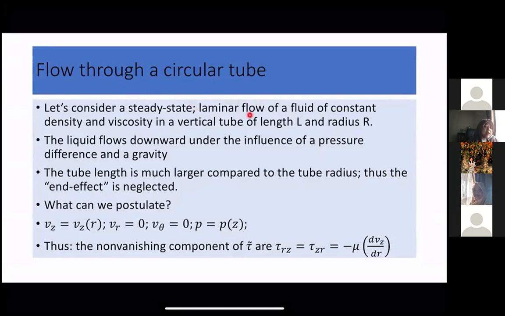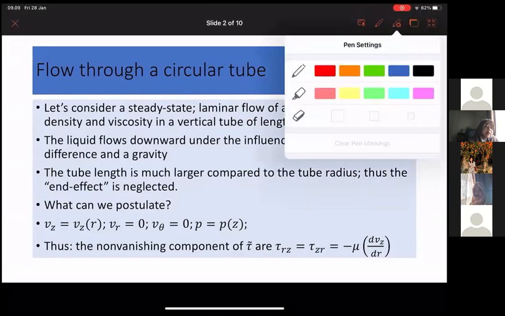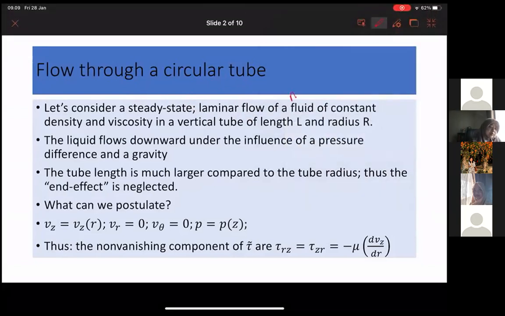Second, we also have to consider that the flow is laminar and the fluid is Newtonian. Why should it be Newtonian? Newtonian fluid means it follows Newton's law of viscosity, where the momentum flux equals minus mu dv_z over dx, for example.